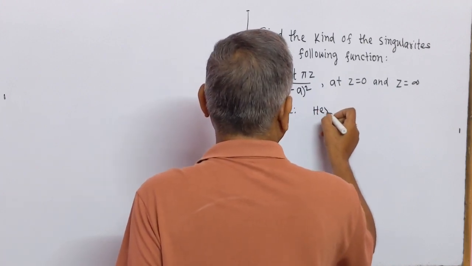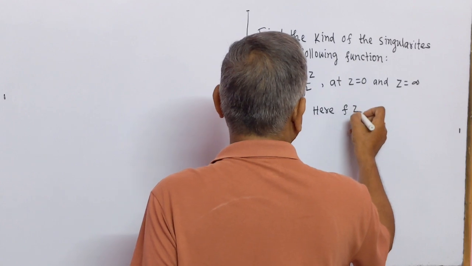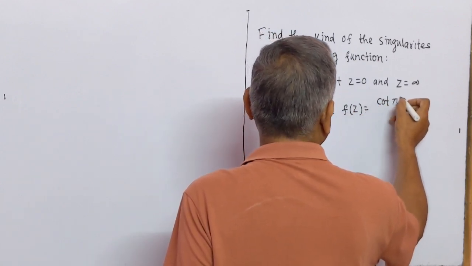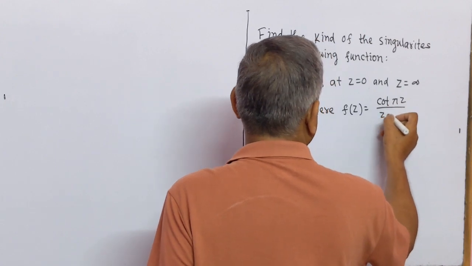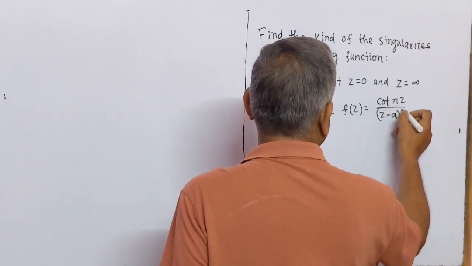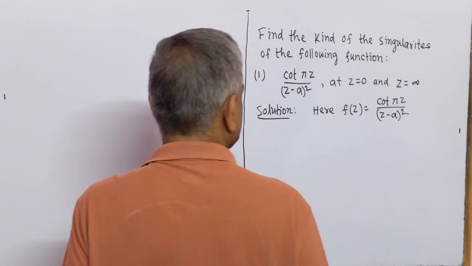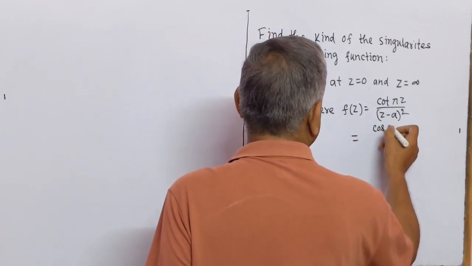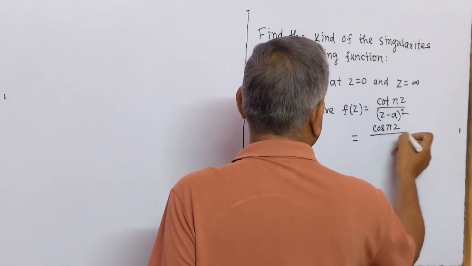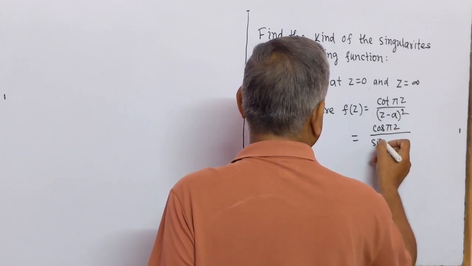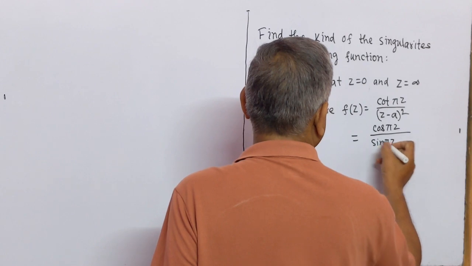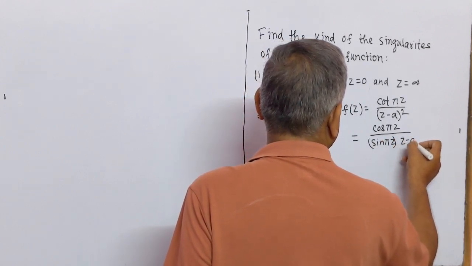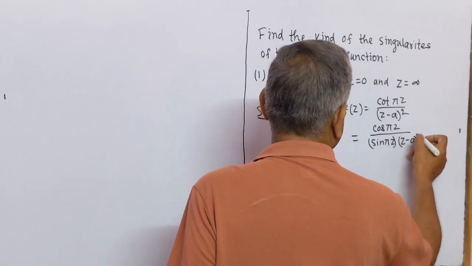Here f(z) equal to cot pi z by (z minus a) whole square. This equals cos pi z by sin pi z multiplied by (z minus a) whole square.